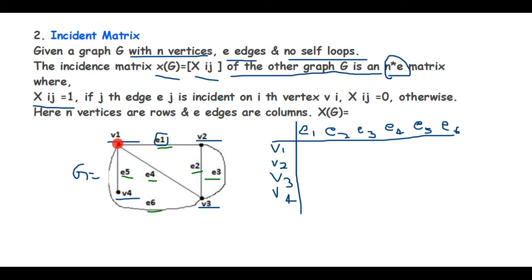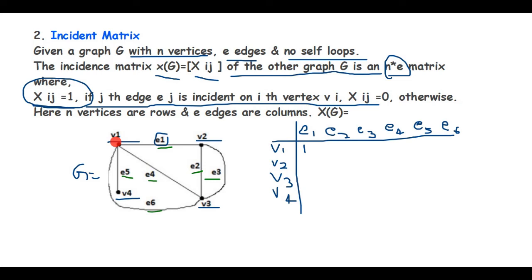So when you calculate the vertex with the number of edges, suppose here as an example, your V1 has edges E1, E4, E5 as well as E6. So wherever an edge is connecting to the vertex, it's considered as 1. X of ij equal to 1 if edge ej is incident on vertex vi, and otherwise X of ij equal to 0, which means it's the opposite.